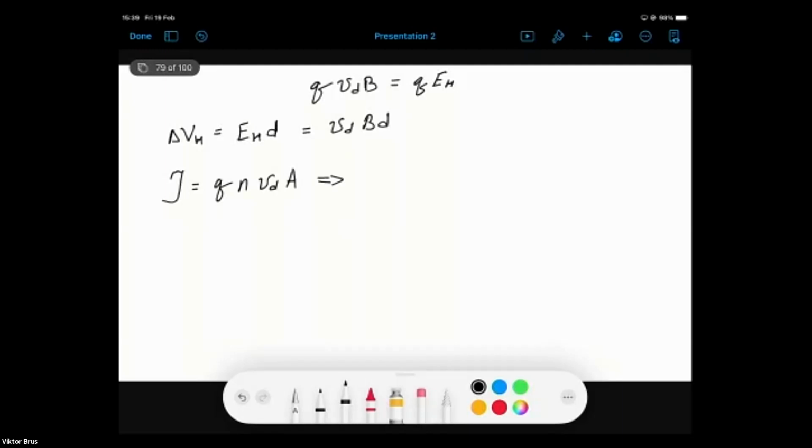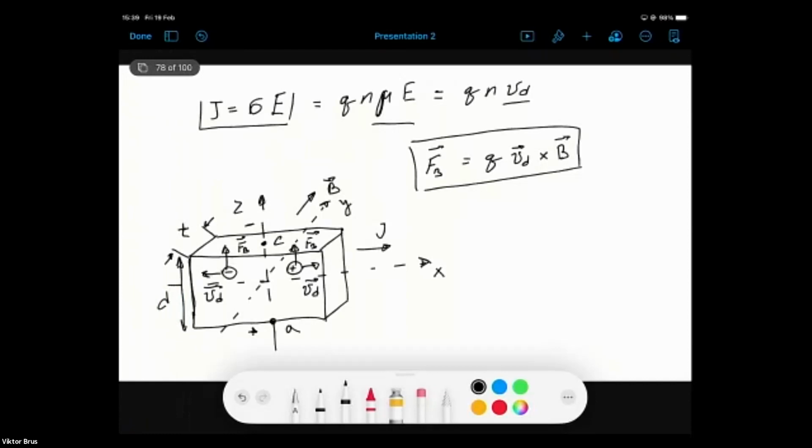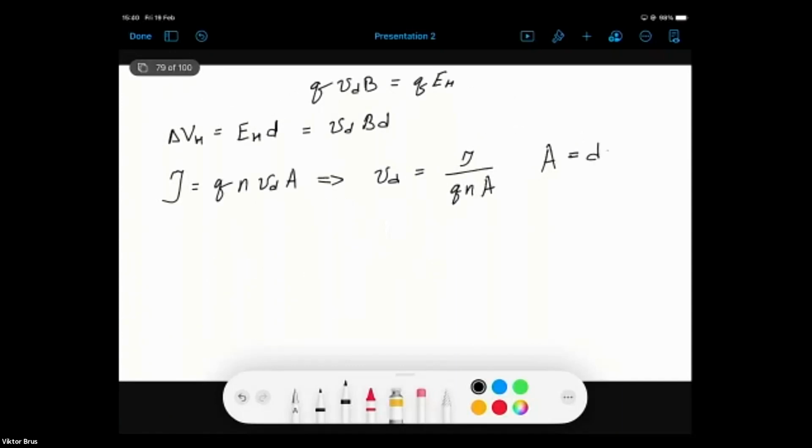From here, we can express that drift velocity is equal to electric current divided by electric charge, concentration of charge carriers, and cross-section area. The cross-section area, by the way, in our case for this image will be the height D times thickness t.